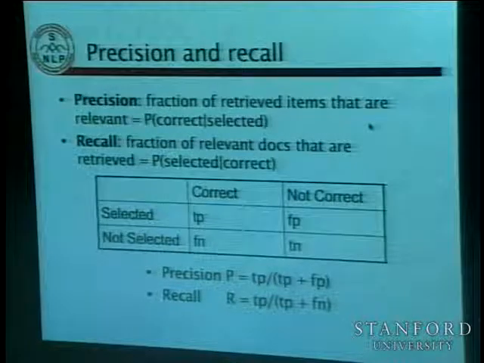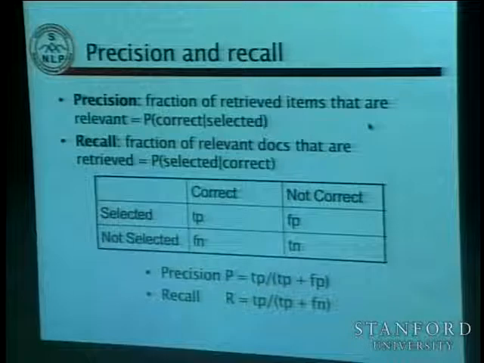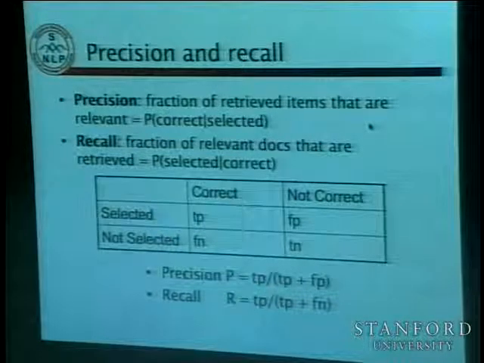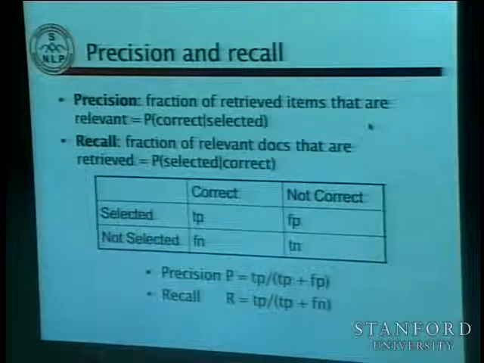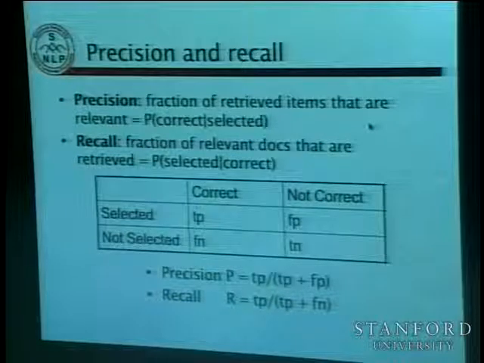correctly. And so evaluation is done in a similar method to information retrieval, using notions of precision and recall, which I imagine a bunch of you have seen, but let me quickly say.